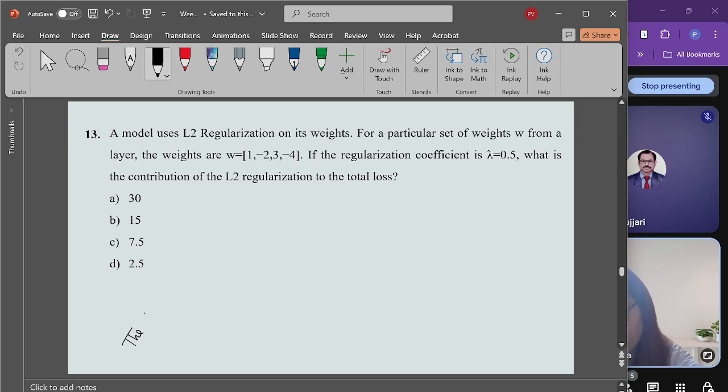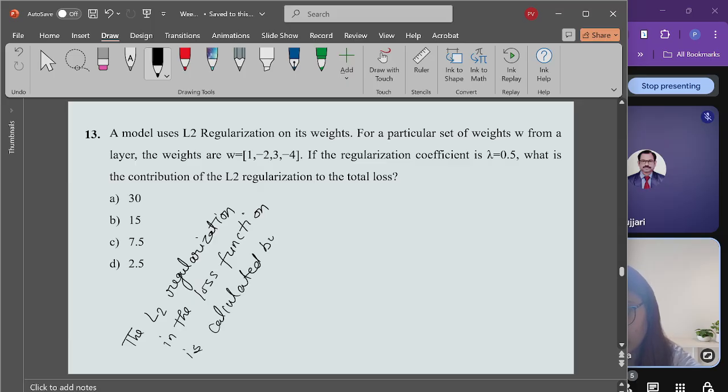The L2 regularization in the loss function is calculated as L2 loss equals 1 by 2 lambda times the summation over all i of weight squared. The weights are already given: 1, minus 2, 3 and minus 4.